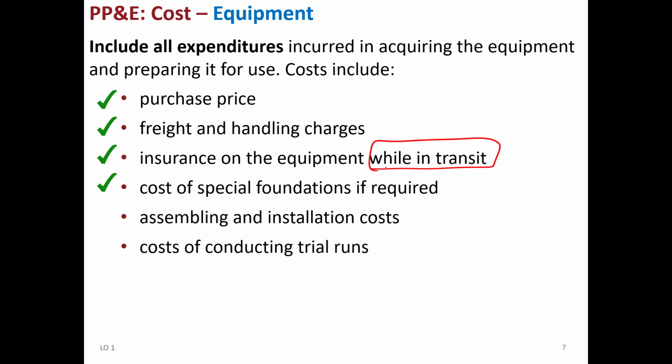Costs of special foundations, if required. If you ever go to a brewery, for instance, if you go to the brewing floor, you see that they have these large, maybe 3-foot tall, stainless steel fermentation tanks. It looks like just big vats, if you will. Well, for some breweries, they have to reinforce the foundation to handle the weight from the fermentation tanks, because those fermentation tanks tend to stand on 4 pegs. So if you imagine they got 4 pegs like this, they kind of stand up like this.